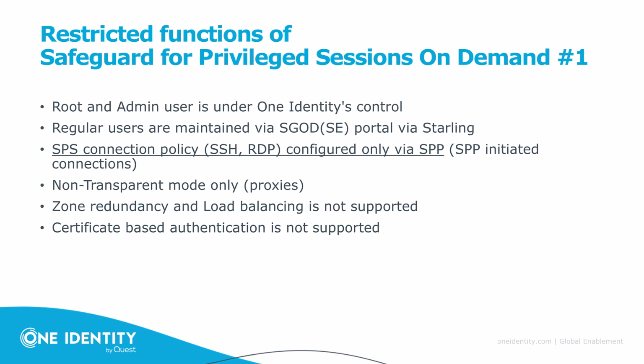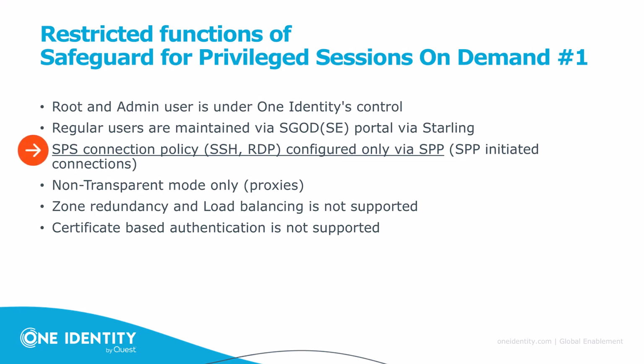Now see the restricted functions of SPS. In a similar way as SPP, the root or admin user is not available because it's under the control of One Identity. We are going to control that user, but of course you can always create new users. The user interface where you add or manage users is not available on the SPS interface because we use the Starling interface to create users.